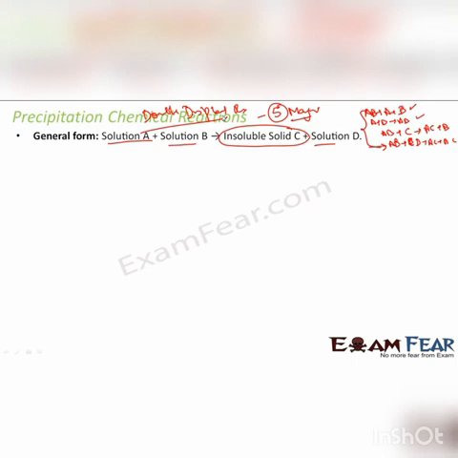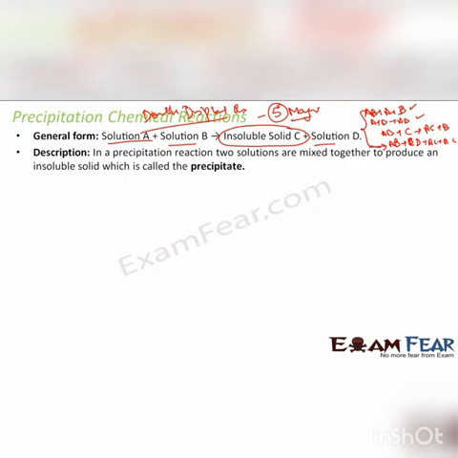In 99% of cases, a precipitation reaction is an example of double displacement reaction. So you have two solutions, you mix them, you get one insoluble substance, that is the precipitate. That's what the chemistry description says: in a precipitation reaction, two solutions are mixed together and form an insoluble solid, and that is the precipitate.